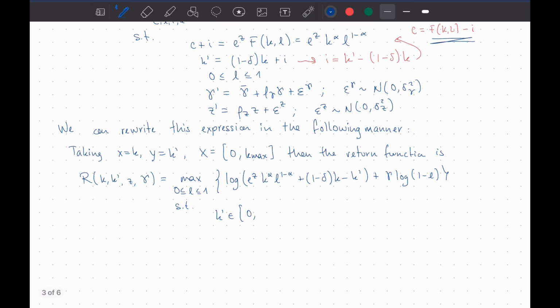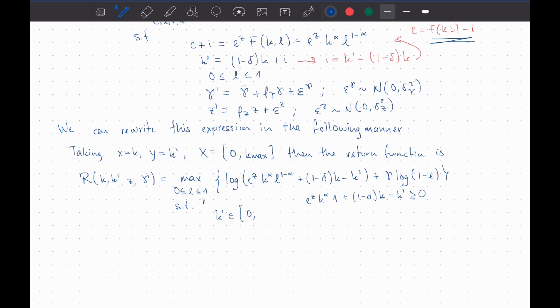So just these terms, e^z K^alpha, and we normalize L to the max, the greatest value here, which is 1, plus (1 minus delta) K minus K prime should be greater than or equal to 0.